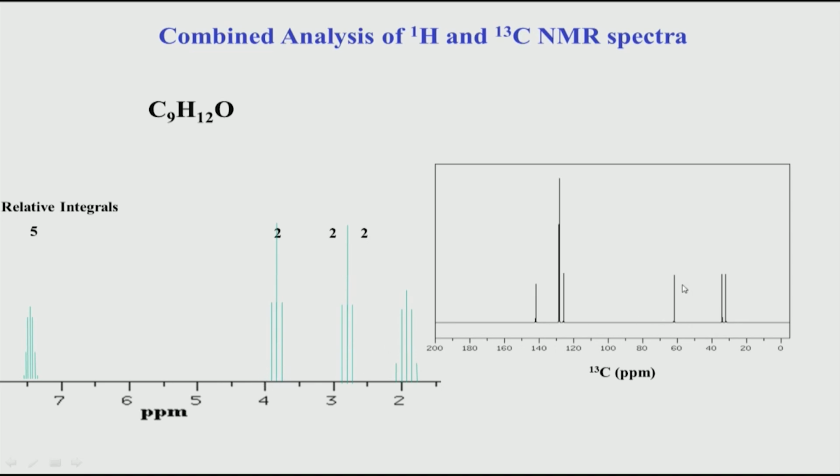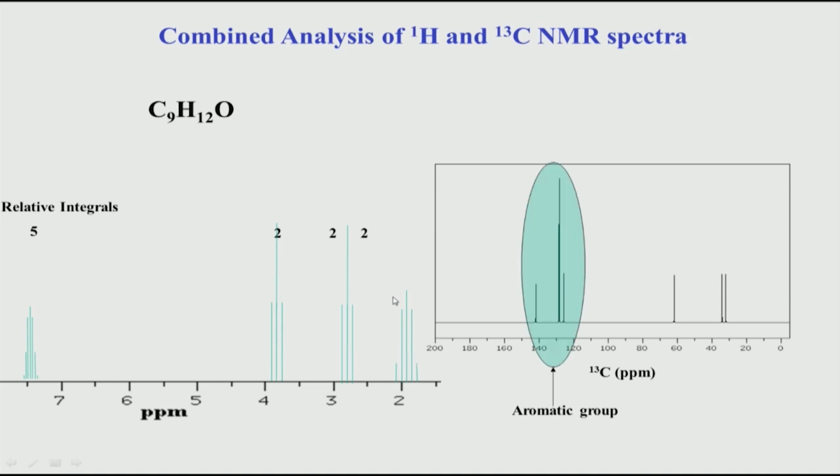Similarly, this peak between 60 to 70 is again a CHO kind of moiety, and this quartet and triplet could be an ethyl group, CH3 CH2. So, CH2 will be a quartet and CH3 will be a triplet.